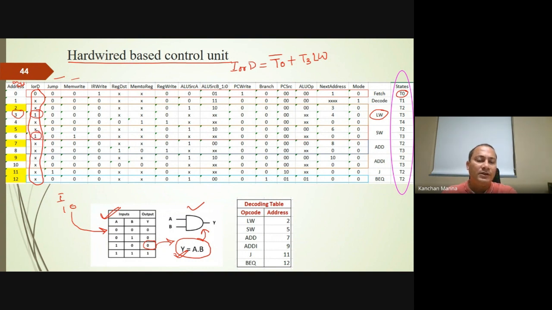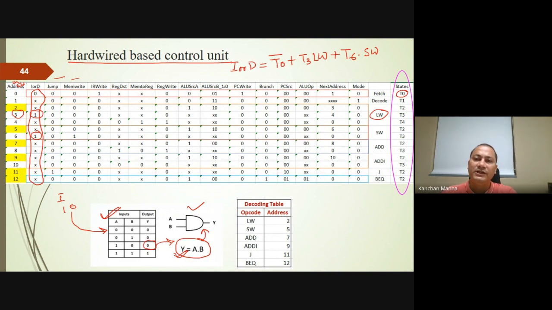Now here, we can write it in a similar way. So this is T6, and then this is the SW. Here we are complementing the T0 because we want a 0 value here.